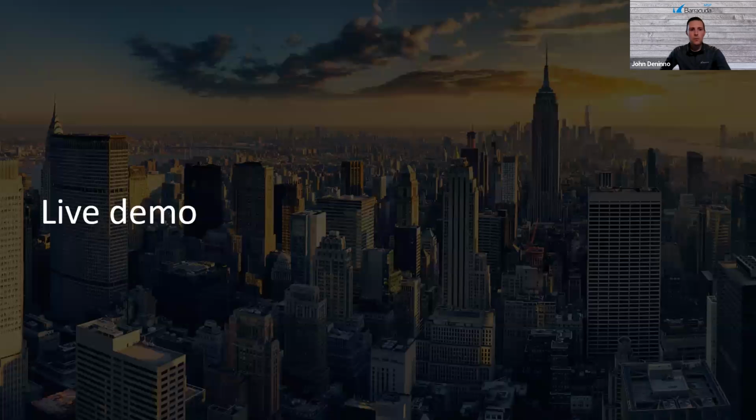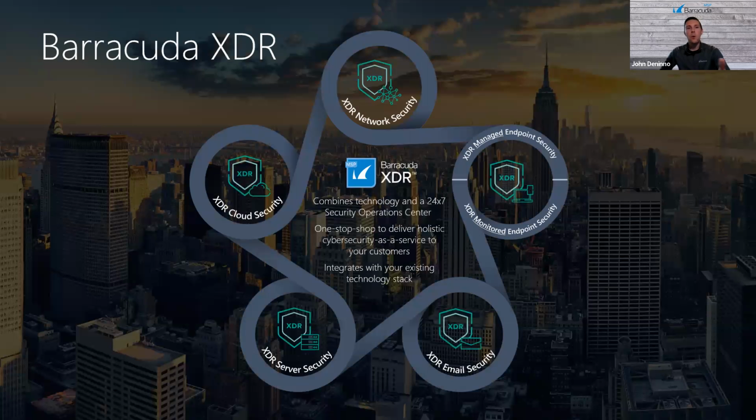So what you saw there at the end was Barracuda XDR. Barracuda Extended Detection and Response provides extended visibility, analysis, and response across networks and clouds, in addition to apps and endpoints. So you can see here multiple different sections of this, starting with network security.